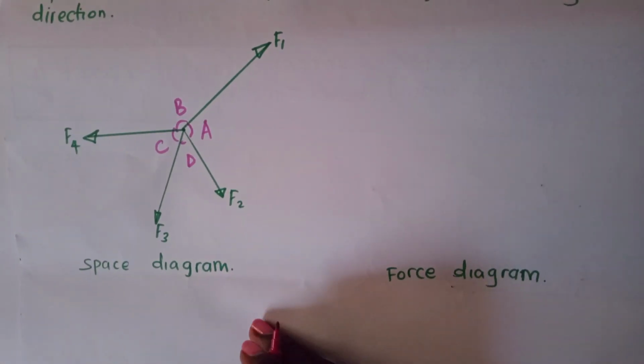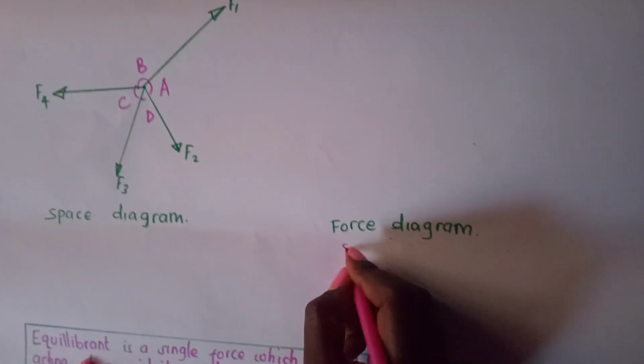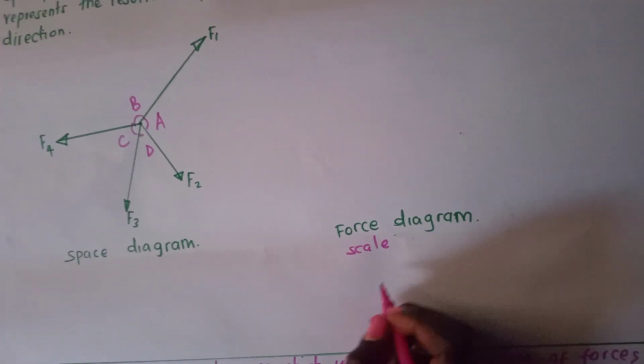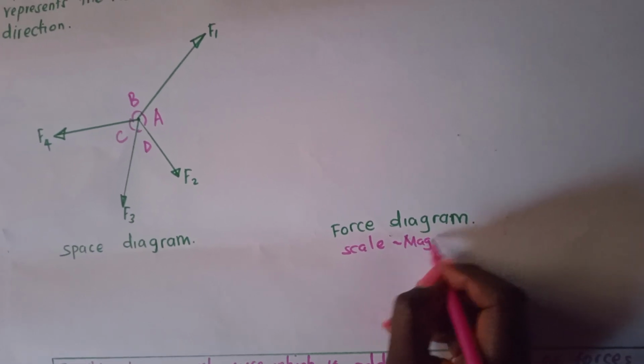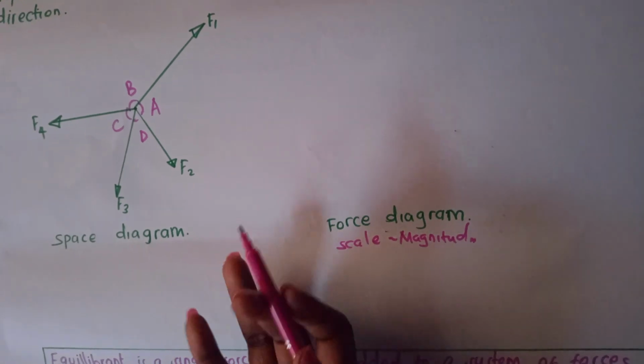So you can now proceed to do a force diagram, and remember, in your force diagram you'll have to identify a suitable scale due to the magnitude of the forces; the angles will remain just like they are.